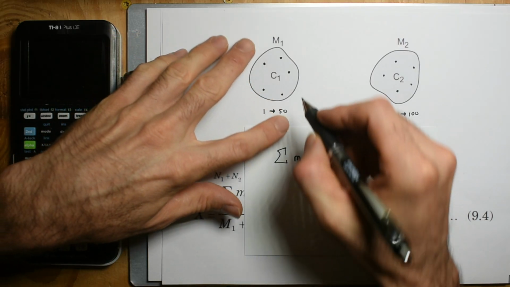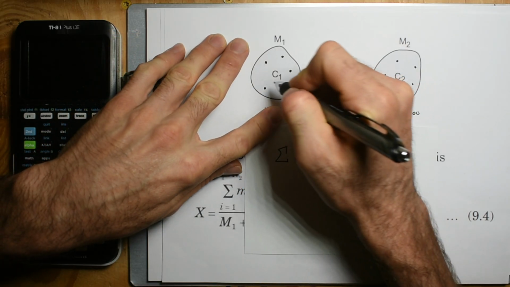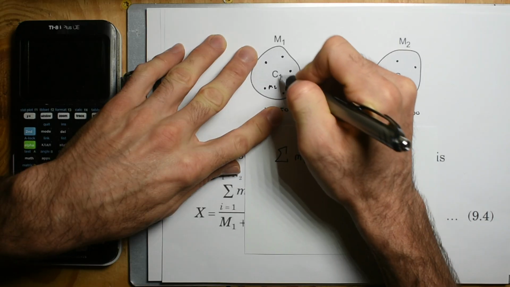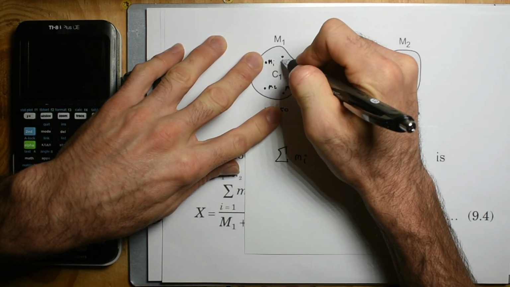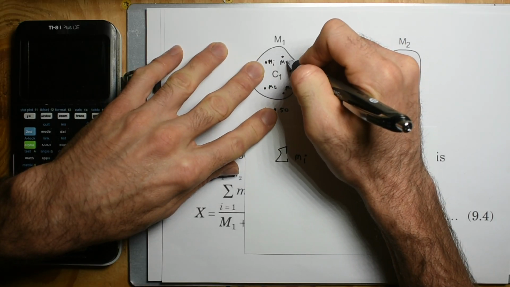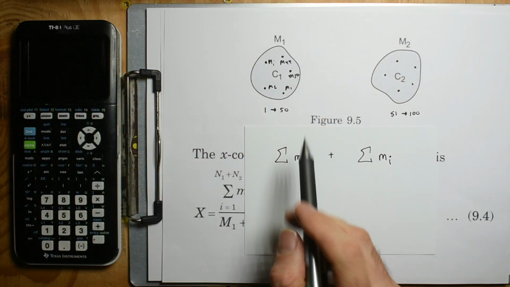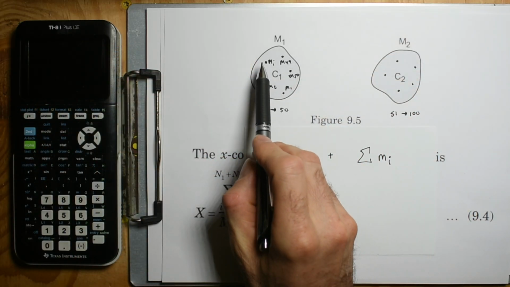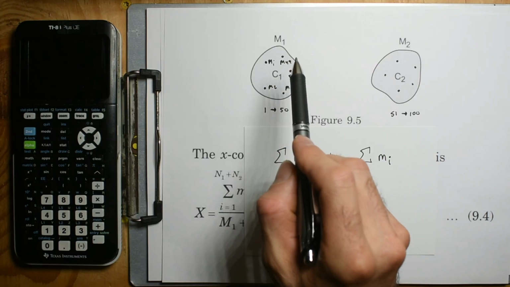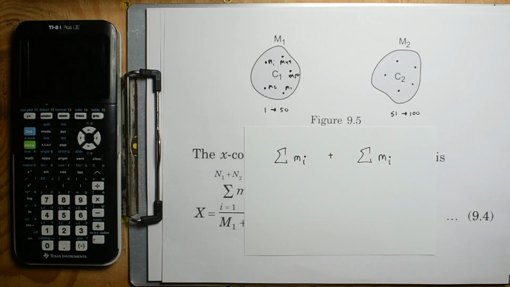This could be M1, M2, Mi, M49, and then M50. And then we have our M1, M2, Mi, Mn minus 1, and then Mn.